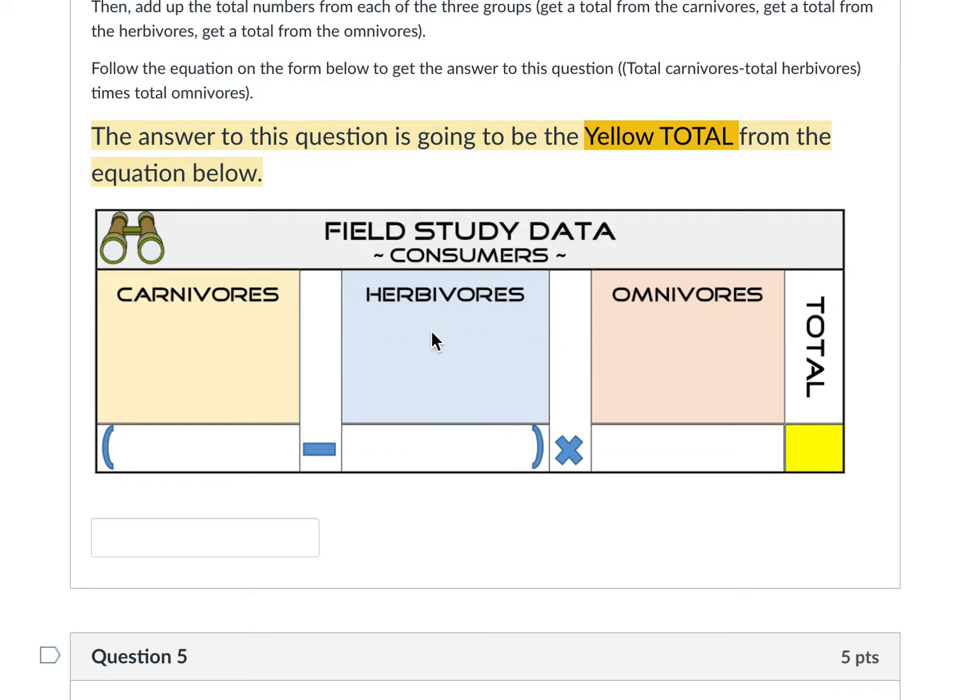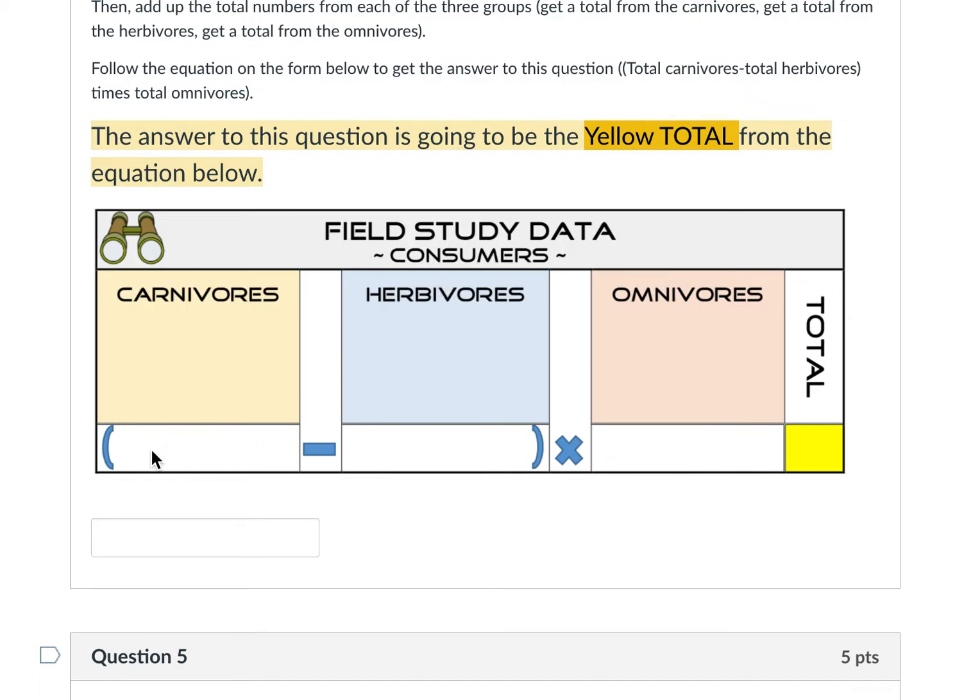But I'm going to classify each animal based on, are they a carnivore, eating meat, herbivore, plants only, or omnivores, they eat everything. So, I'm going to put them here. I'm going to add up the total of this column. Once I get all of those animals added up, I'm going to add up the columns and then put that number here.